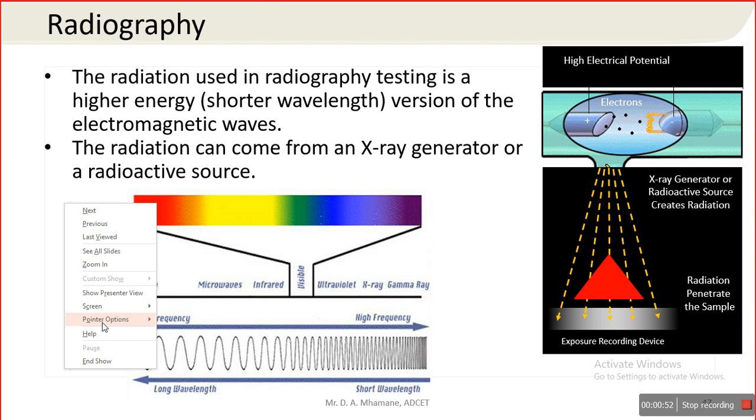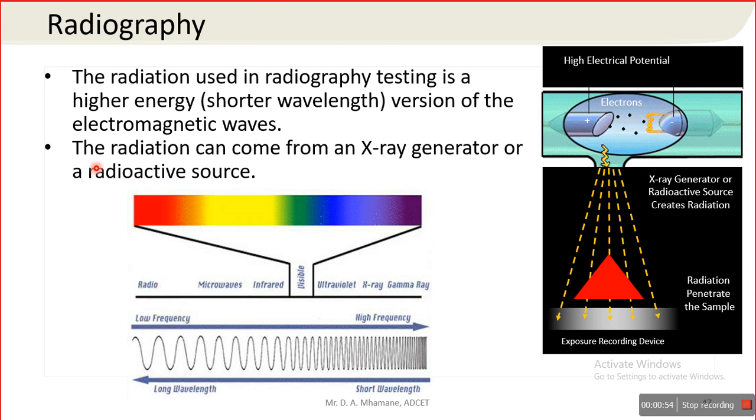So the next method in non-destructive testing is radiography. If you see this presentation or animation, on one side an X-ray source is there which emits the X-ray. The X-ray penetrates the component, or we can say object.